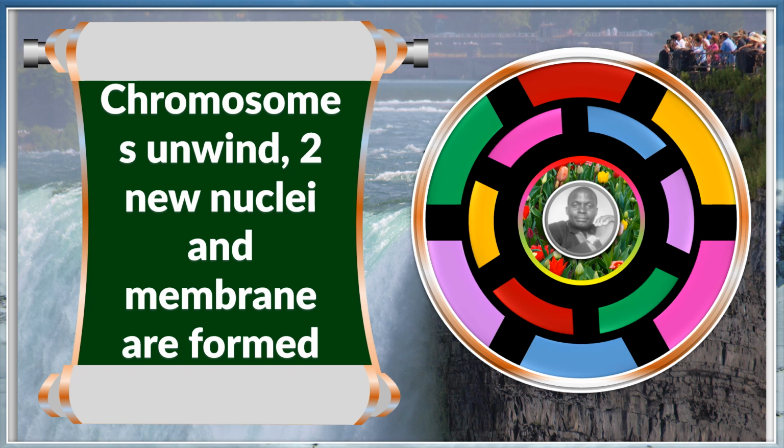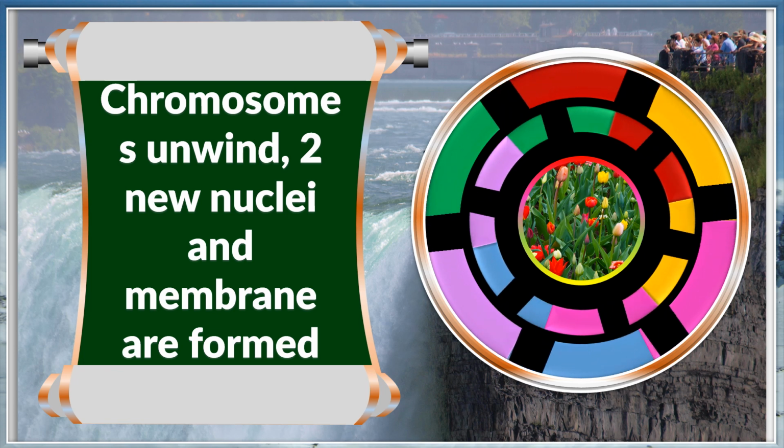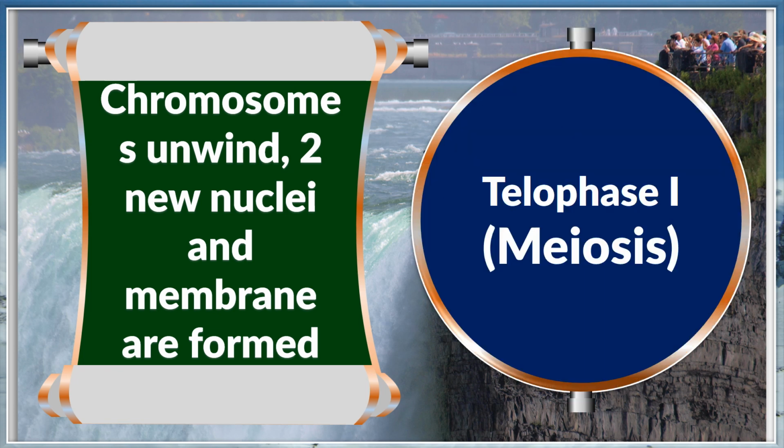Chromosomes unwind, two new nuclei and membrane are formed. Telophase I in meiosis.